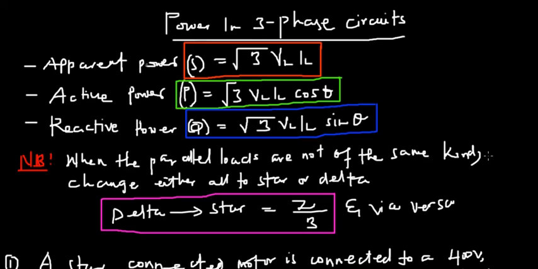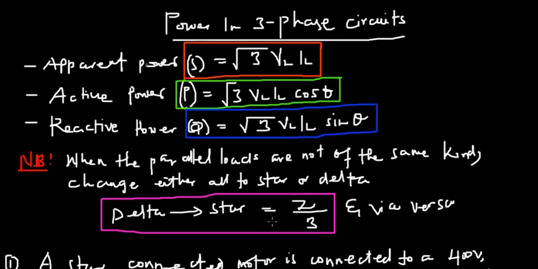You have to change either all the stars to delta or all the deltas to star, so that you end up with the same parallel loads. In simplicity, make sure to always change delta to star, so that it becomes simple.